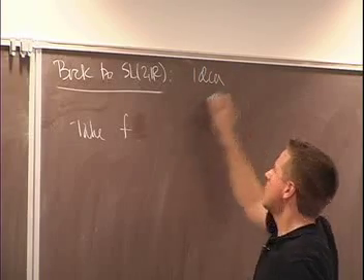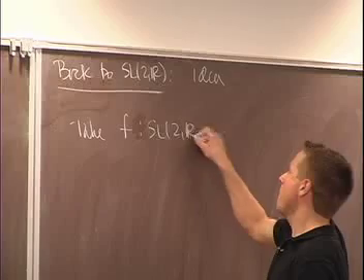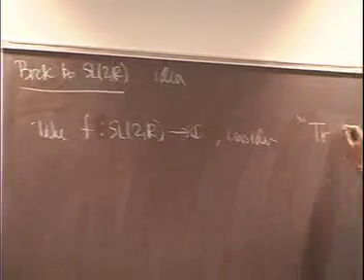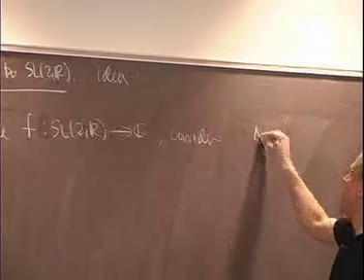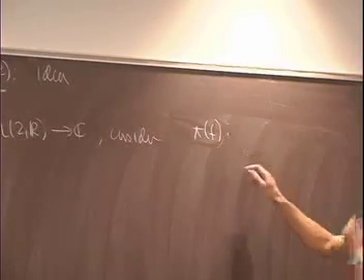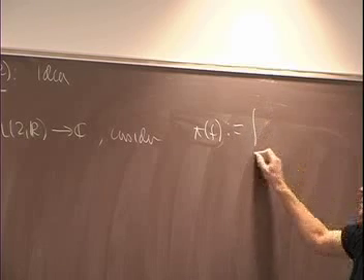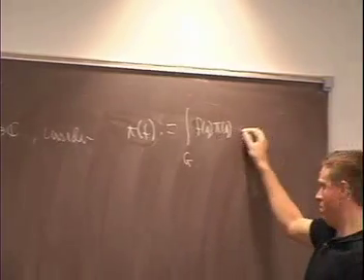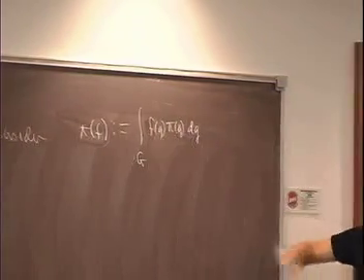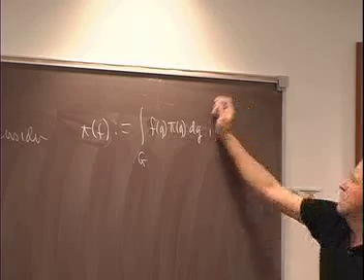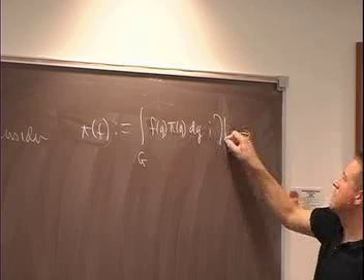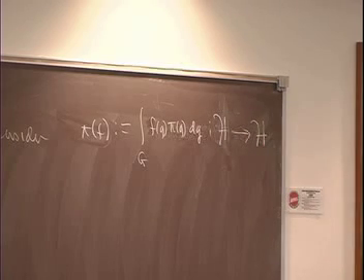The idea is to take a function from SL2R to C and consider pi of f, this operator, which is by definition, as we've seen many times before, the average of pi of g over the group weighted by the coefficients of f. And this is a map from V to V, well, H to H. I guess I'm using H for my representation.